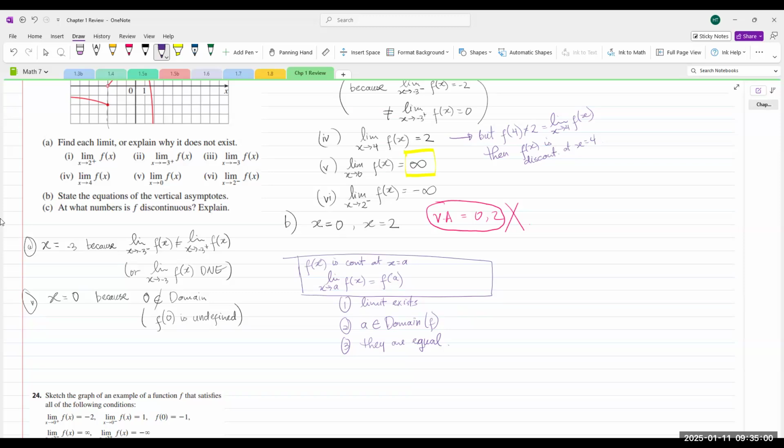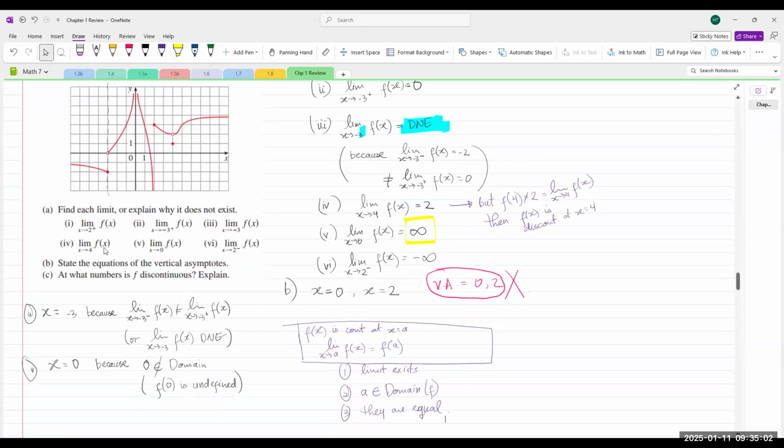Okay, so the first one, x equals -3, it failed because the limit does not exist, right? The second, when x equals 0, it fails to be continuous. It becomes discontinuous there because x equals 0 is not in the domain. Now, what happened at x equals 2? The limit does not exist, because the left-hand limit and right-hand limit are not equal.